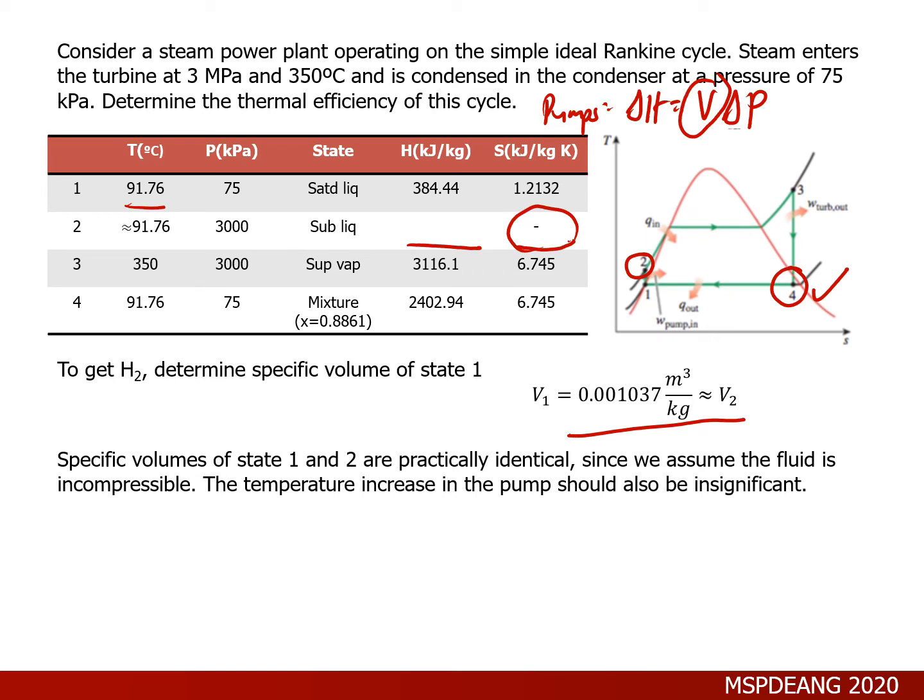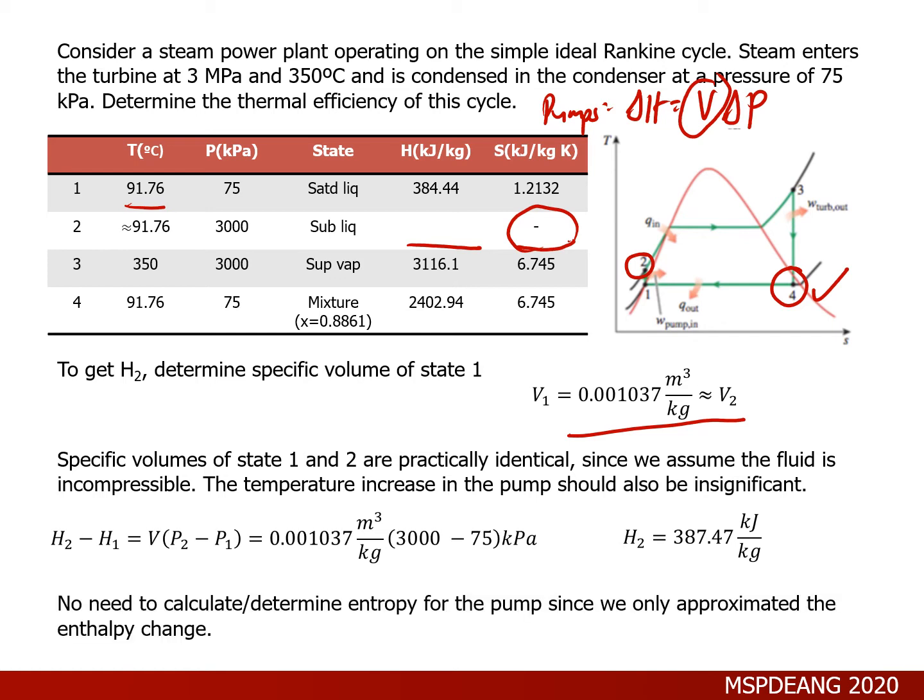And the temperature increase in the pump should also be insignificant. So with this, we can now calculate delta H. H2 minus H1 is equal to V delta P. And you can now obtain that H2 is equal to 387.47 kilojoules per kilogram.